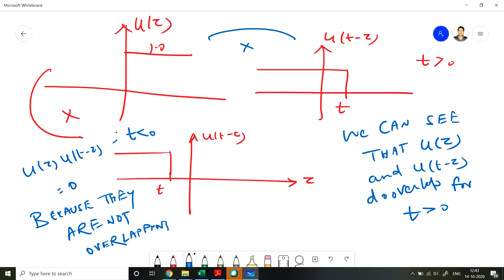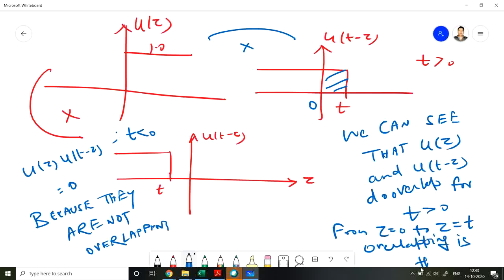Now what is the overlapping region? The overlapping region is this region. So from tau equals 0 to tau equals t, overlapping is there.